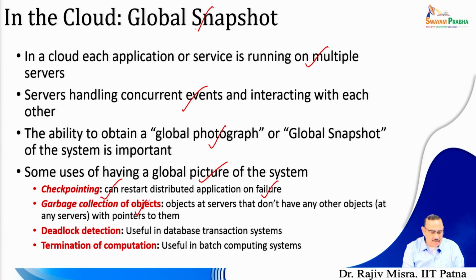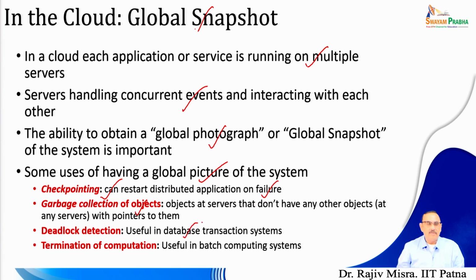The second is garbage collection of objects. An object that has no other objects pointing to it often becomes an orphan, and garbage collection deals with such objects. That also requires a global snapshot.